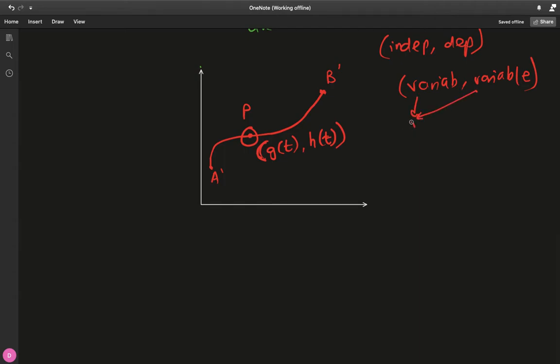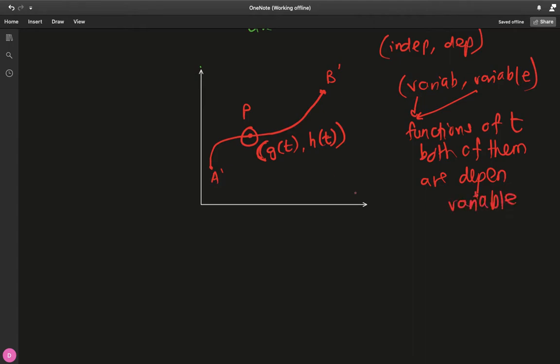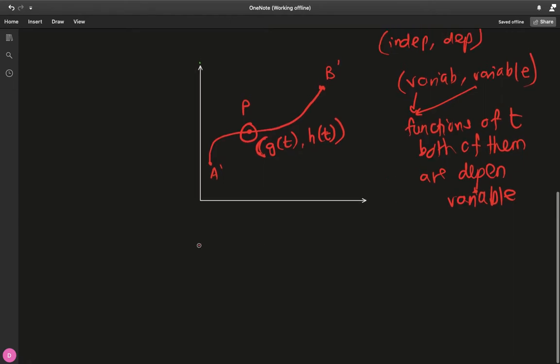Both of them are dependent variables because they both depend on t. So we are defining a new, unique independent variable.